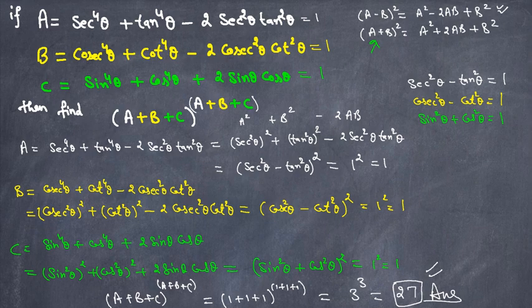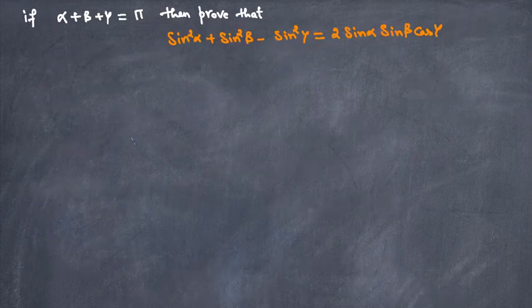Okay, so let's go over example 4. Here we got alpha plus beta plus gamma is equal to pi, and then prove that sine square alpha plus sine square beta minus sine square gamma is equal to 2 sine alpha sine beta cosine gamma. Whenever I see problems like this, I either choose the left hand side and prove it to the right hand side, or vice versa.